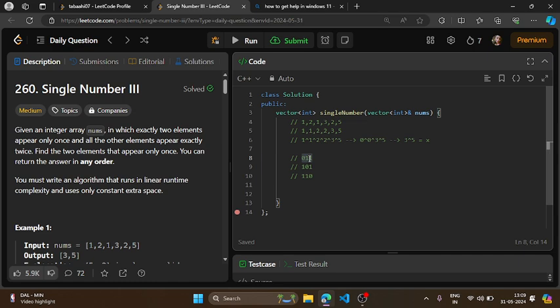Now if a number is appearing twice in our array, then both occurrences of the number will definitely belong to the same group, right? And if the number is appearing once, then it will only have one occurrence.